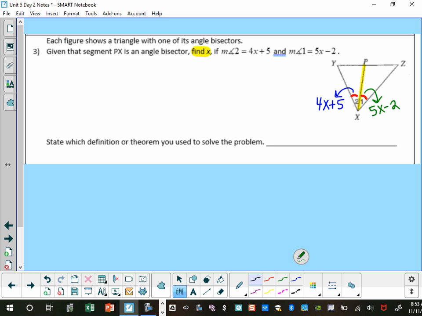Because PX is an angle bisector, both of those angles are going to be congruent. All I did was plug in 4X plus 5 for angle 2 and 5X minus 2 for angle 1. How can I set this up as an equation to solve for X? What are they going to be equal to?